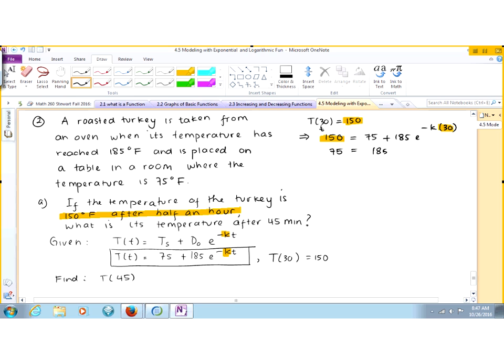So what do you do? Subtract 75, then divide by 185. Can we actually reduce this fraction?